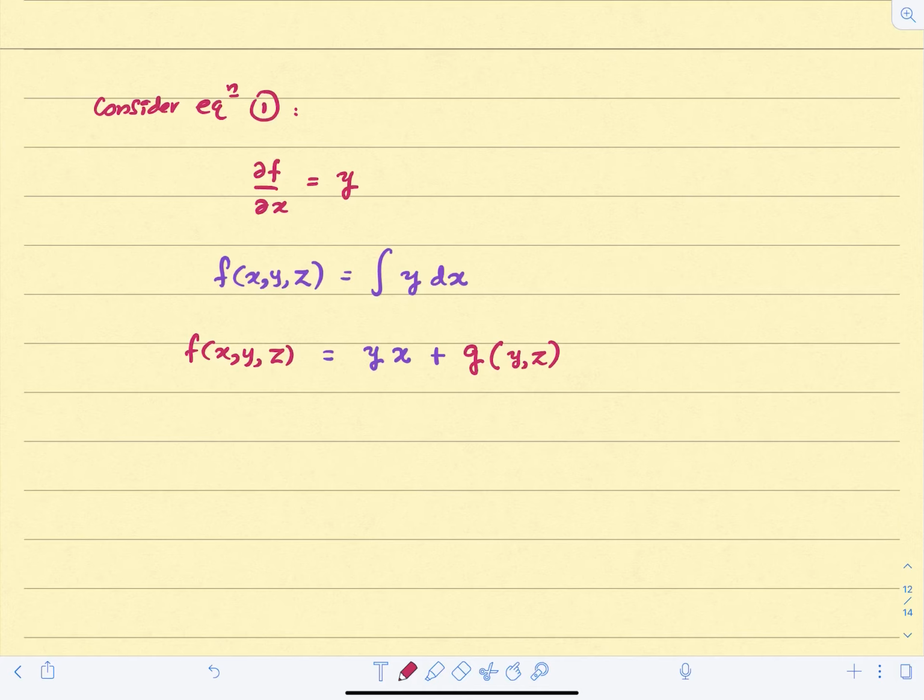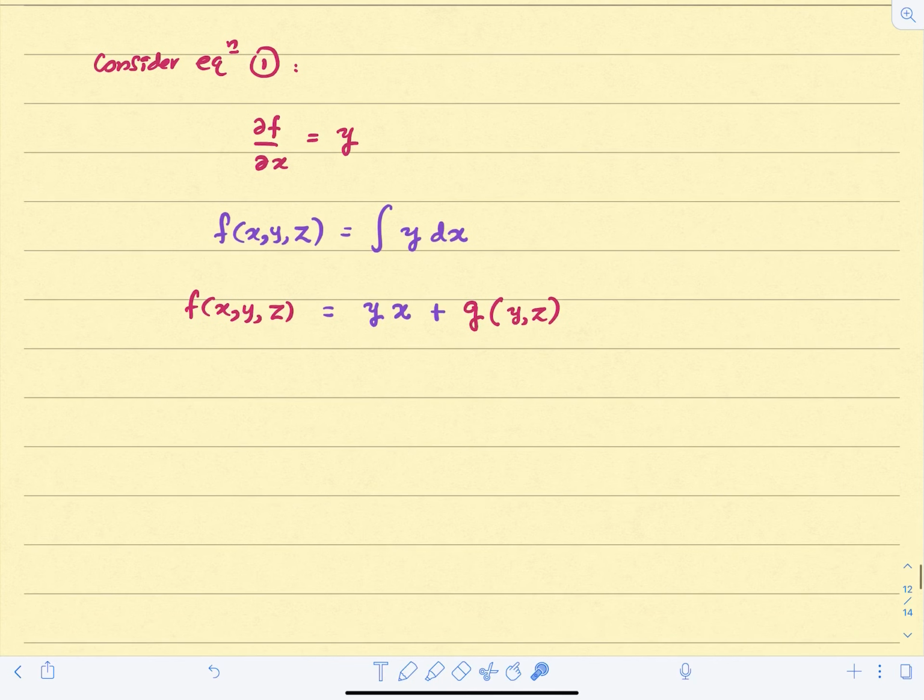So at the moment, we know that my little f should be in this form: y times x plus some function that contains only the y and z variables. Now let's differentiate this with respect to the y variable.